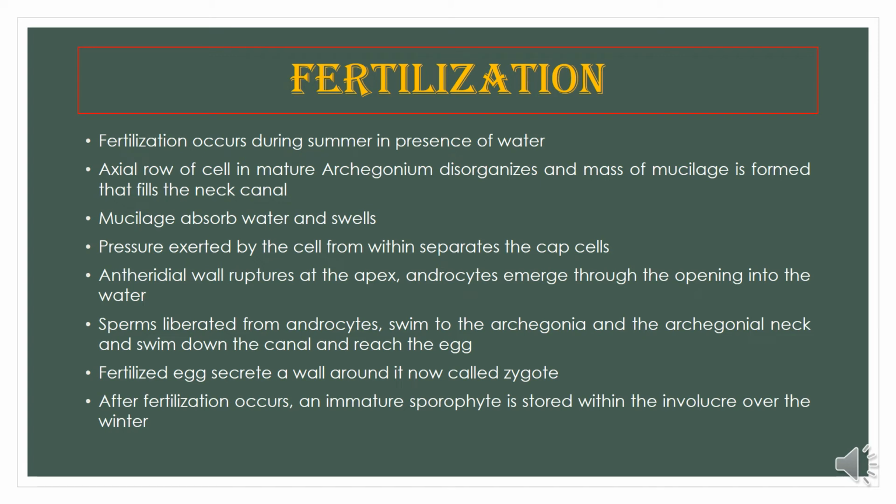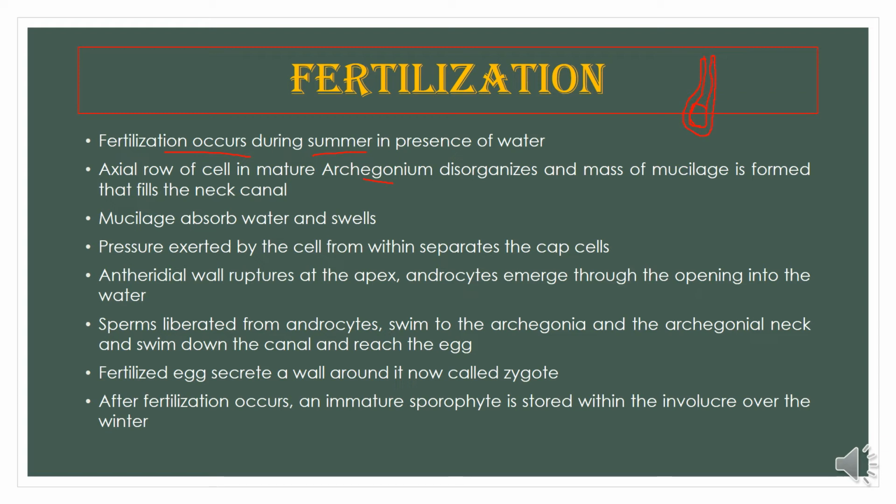Fertilization occurs during the late summer, that is, the end of the monsoon season. This is the archegonium with the egg cell, and these are the jacket cells of the archegonium.